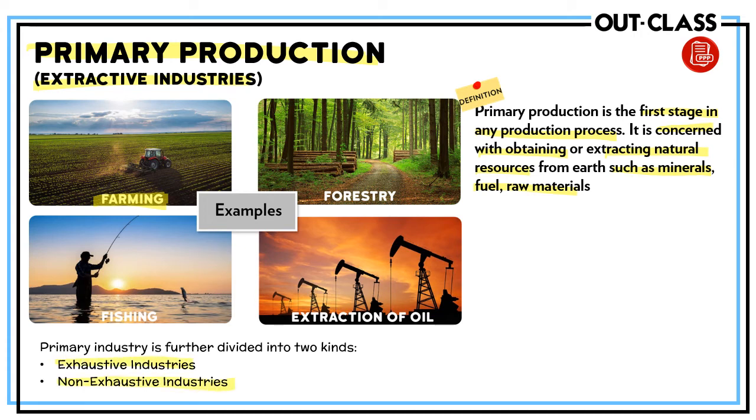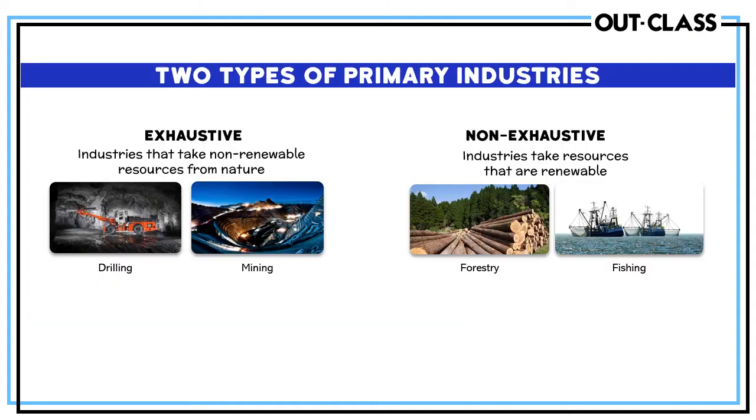Please remember one thing, there are many Paper 1 questions, that is the MCQs, on these different stages of production. So please make sure that you hear all of them very carefully. The two types of primary industries are exhaustive. These are industries that take non-renewable resources from nature, like mining, and that's why we say that you should use all the resources in a sustainable way, because most of them are non-renewable.